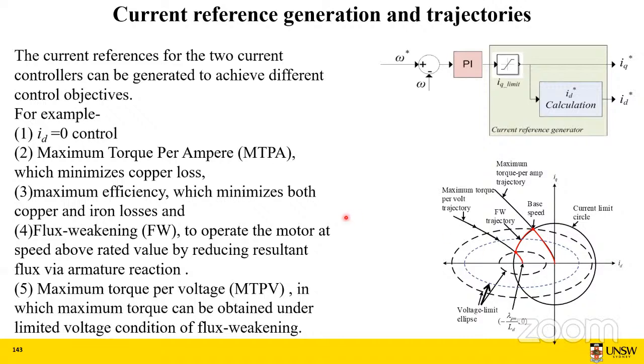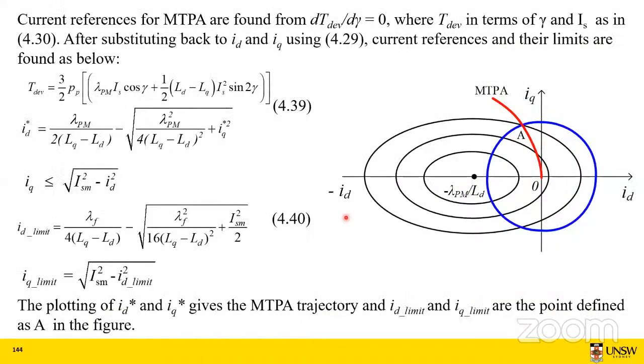And that negative value can be calculated by asking what is the maximum torque for minimum current, by differentiating the torque equation in terms of either the current angle gamma or the current itself, and then equating it to 0.